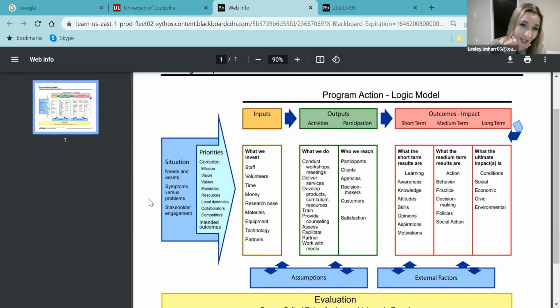And you don't have to do this, but I actually really like these arrows with the situation and the priorities, because it really brings in what we've talked about with the needs assessment as well. How are our inputs and outputs and the whole idea around this program grounded in the needs that we've uncovered through our needs assessment assignment?